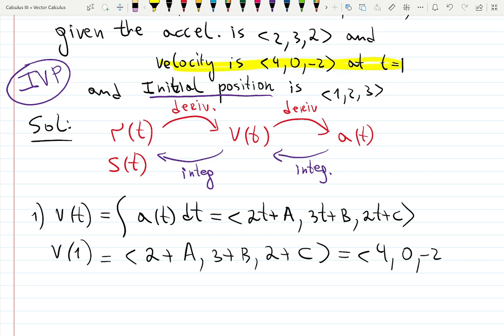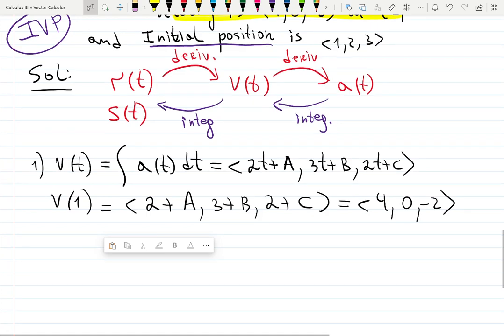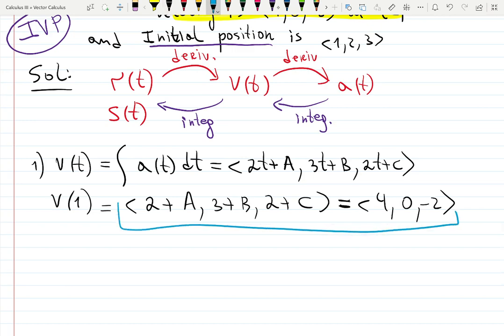This is also called the initial value for velocity. From here we have equations now: 4 is 2 plus A. That is a property of vectors, that you can make corresponding components equal to each other because of this equal sign. So I'm solving this equation between two vectors. 2 plus A is 4. Right away, A is found as 2.